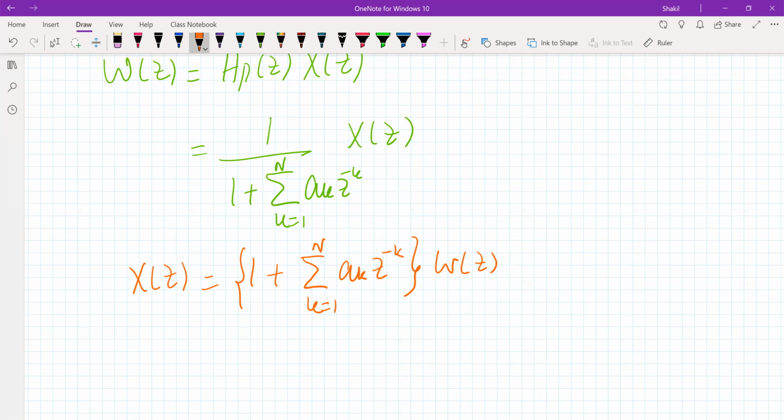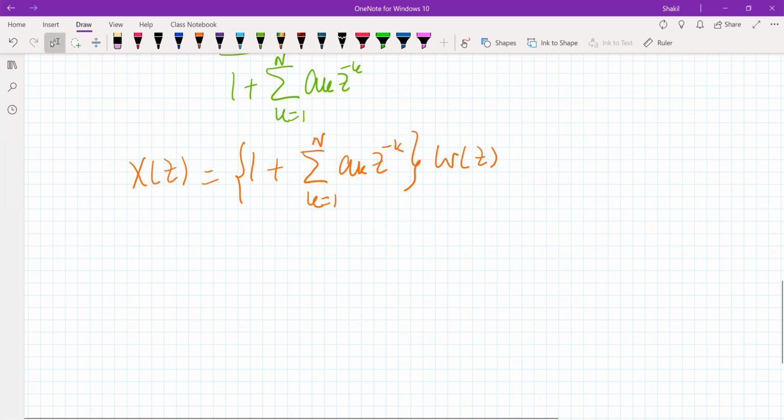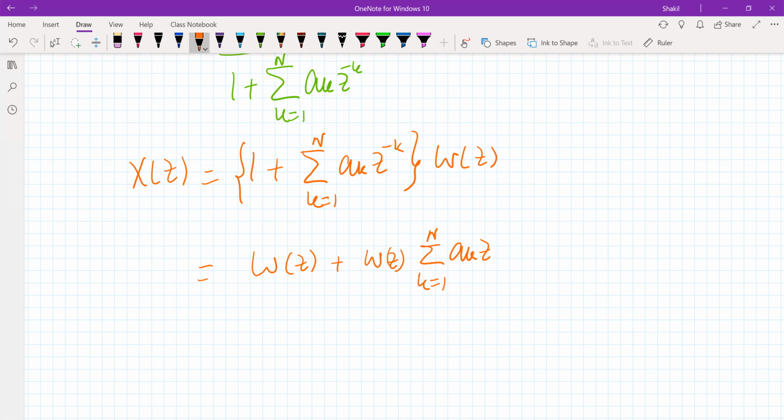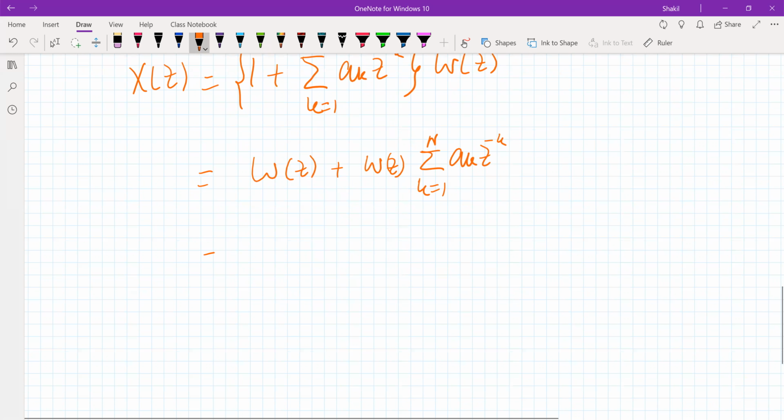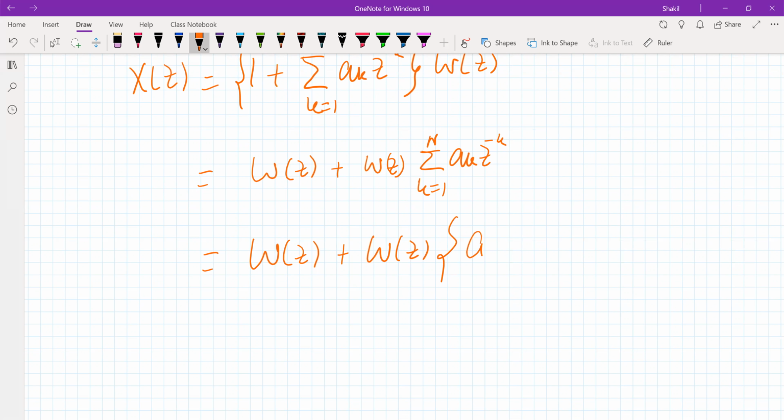Multiplying with W(z), we can write W(z) plus W(z) times the summation k running from 1 to n of a_k z^-k. Now expanding this, it will be a_1 z^-1, a_2 z^-2, plus so on, up to a_n z^-n.